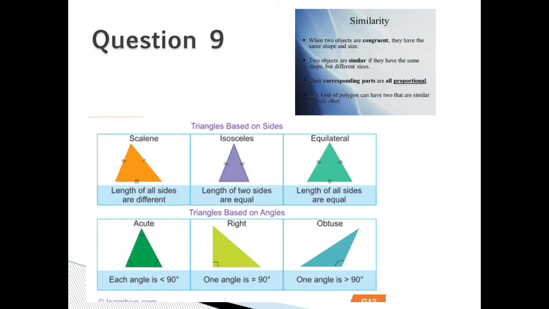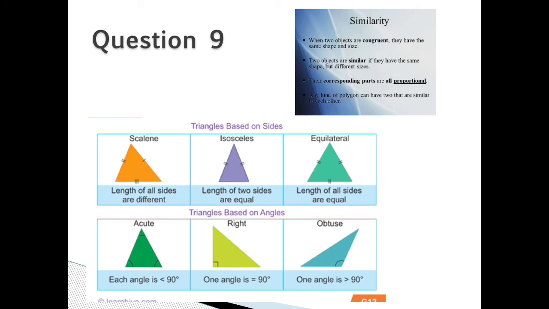When we look at triangles, they have various types based on their sides. If you had a scalene triangle, it means that the lengths of all sides are different. If you had an isosceles triangle, the lengths of two sides are equal.